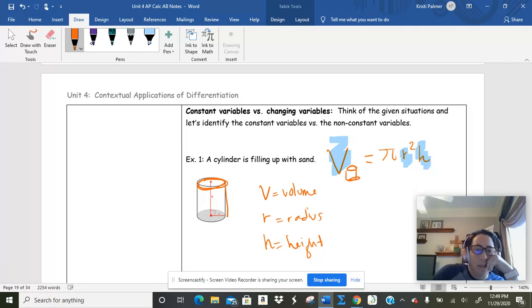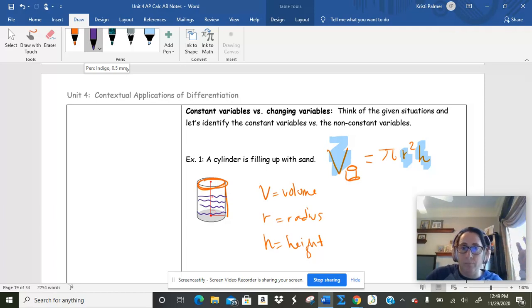And I want to know, as I start increasing this with sand, which variables are changing, and which ones are staying constant. So the volume is getting more, like there's more and more volume. So this one is changing. The height is growing up.